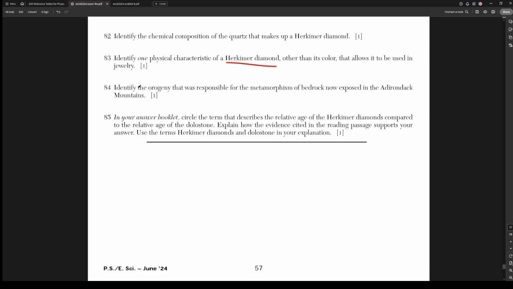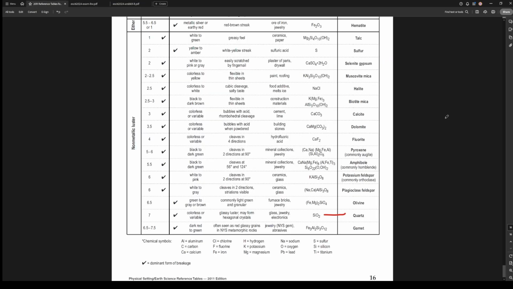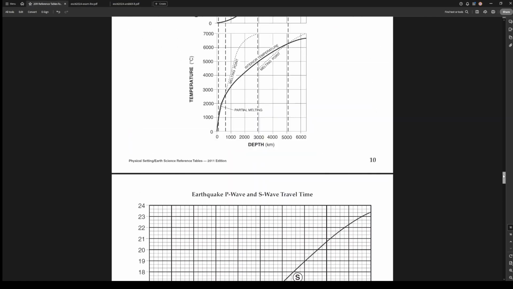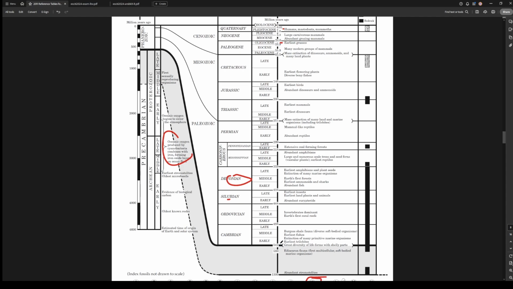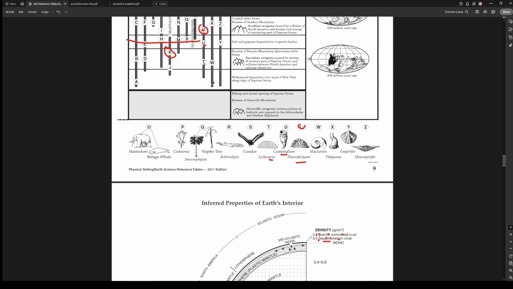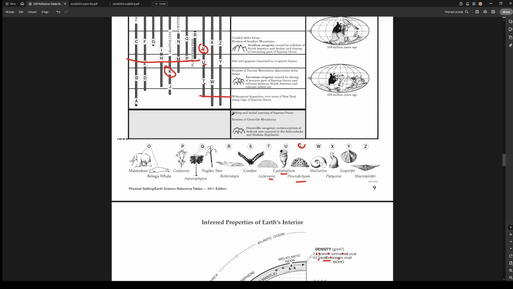84, an orogeny. Identify the orogeny that was responsible for metamorphosis of bedrock now exposed in the Adirondack Mountains. Okay, so it says it's 500 million years ago. So right there, we're going to go on our geologic timescale and go to 500 million years ago, which is in this Cambrian period. We're going to go across. Is there an orogeny around here?